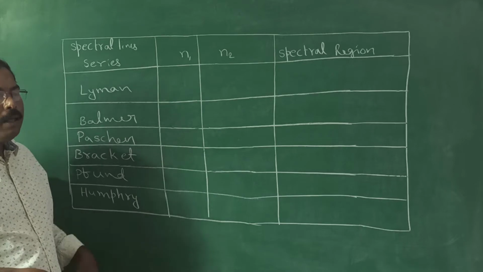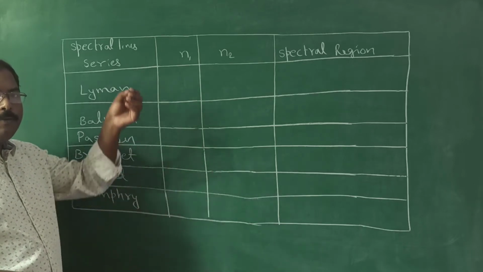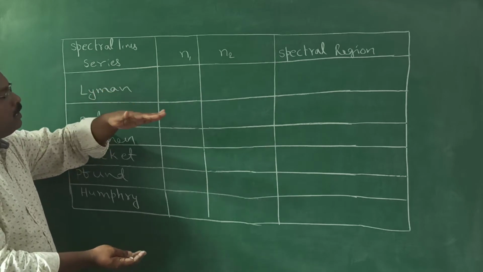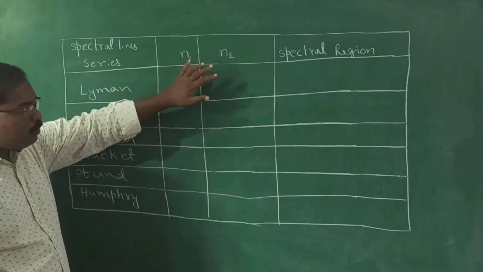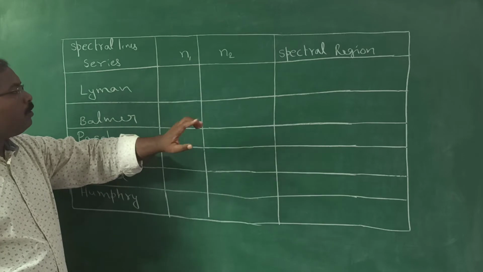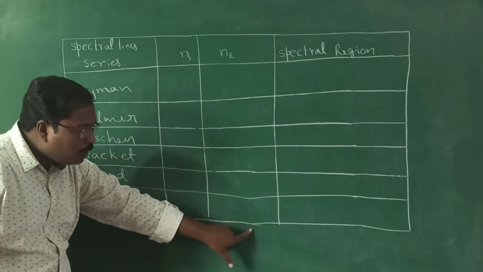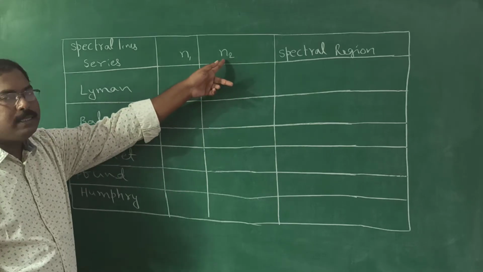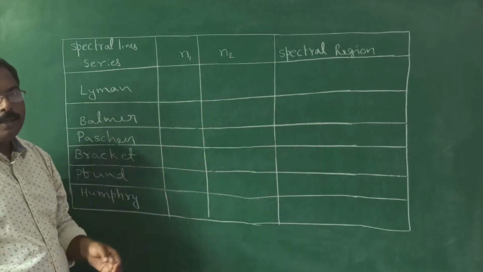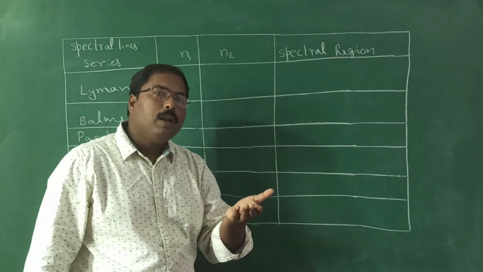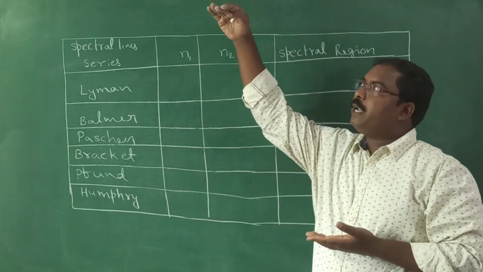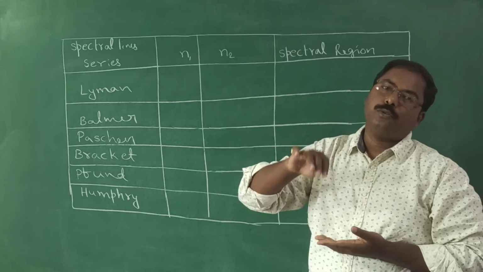For example, the electron is jumping from the fifth orbit to the first orbit. So it is jumping to the first orbit, so n1 is 1 and n2 is 5. Got it? n1 means the lower orbit number, and n2 means the higher orbit number, from where it is going to jump.